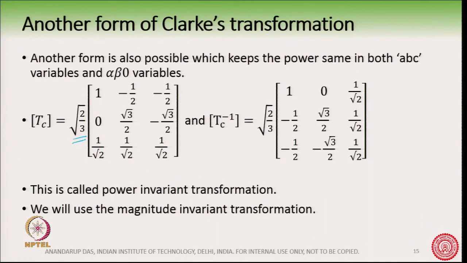There we slightly change the multiplying factor and certain terms in the matrix. This is called the power invariant transformation. In this course we will not use the power invariant transformation, we will use the magnitude invariant transformation. However, in some books it is up to the discretion of the person using it, who can take any of these forms of Clark's transformation. Let us now go into power.